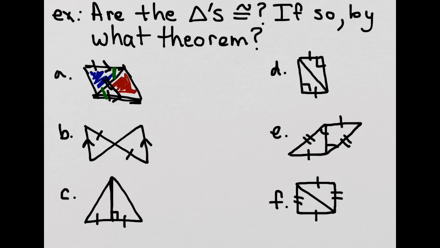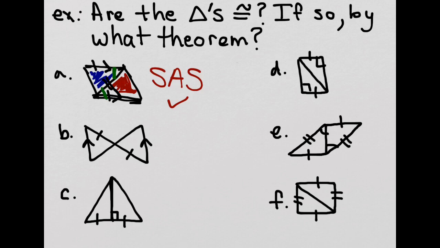So here, we've got a side in the blue triangle, an angle, and then another side. And the angle is the one that is made up of those two sides. And in the red triangle, that angle is also made up of the two given sides. So we would say, yeah, these two triangles are congruent by the side angle side theorem, or SAS.